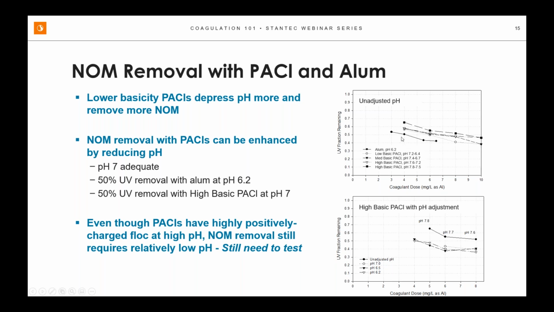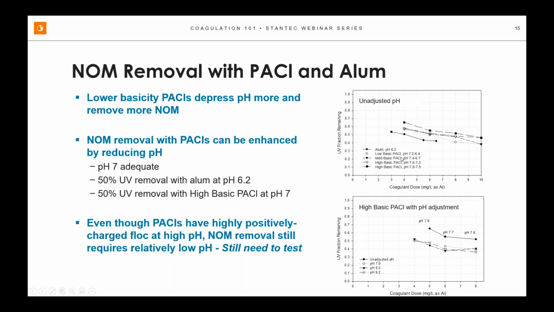So we're at between 50 and 60% removal of the UV. All of these other graphs, and we'll take the black squares, that's the highest basicity polyaluminum chloride. And if you don't adjust the pH for this water, after coagulant addition, it's somewhere between 7.5 and 7.8. So not in a great range for charge neutralization. And you can see the UV removal is less.